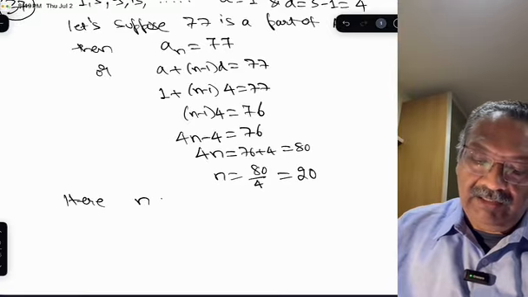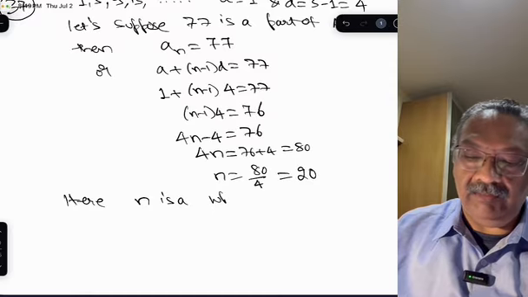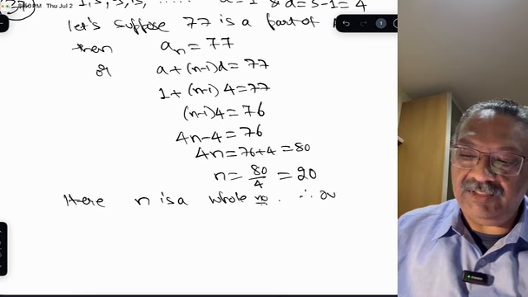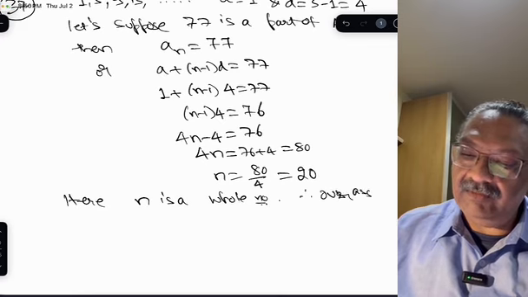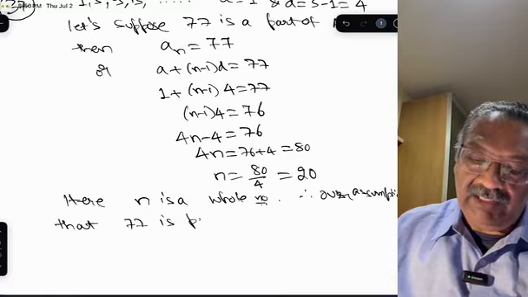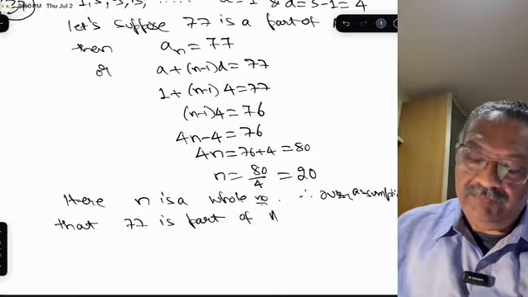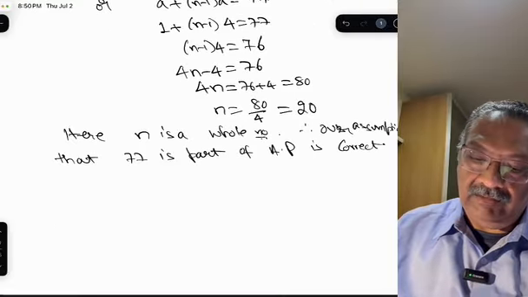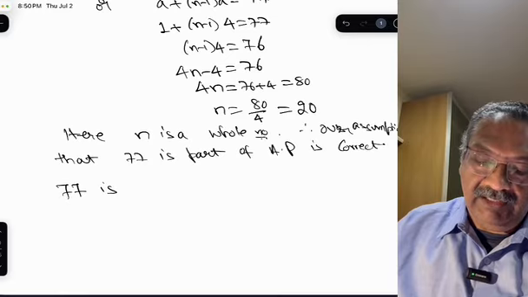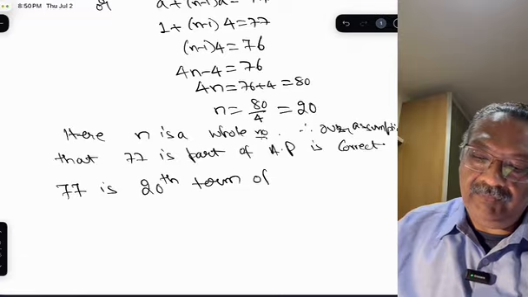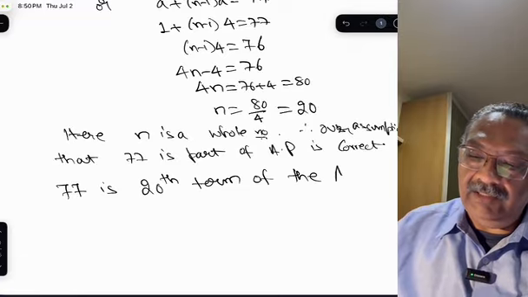Here n is a whole number. Therefore our assumption that 77 is part of the AP is correct. Further, 77 is the 20th term of the given AP.